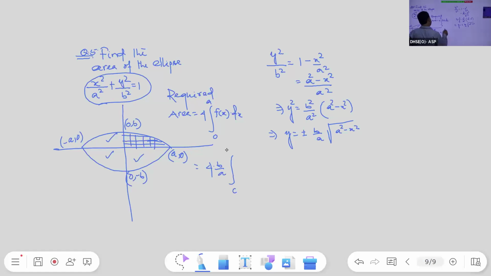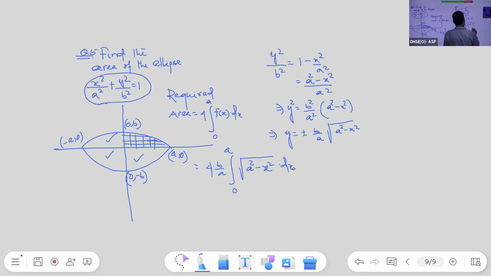This is equal to 4 into b upon a, integral 0 to a under root a square minus x square dx.